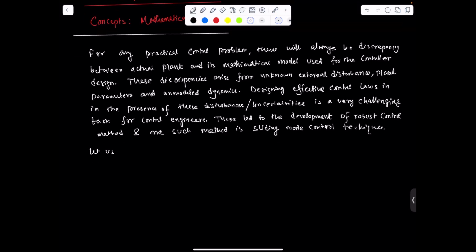Let us understand the sliding mode control through the following example.